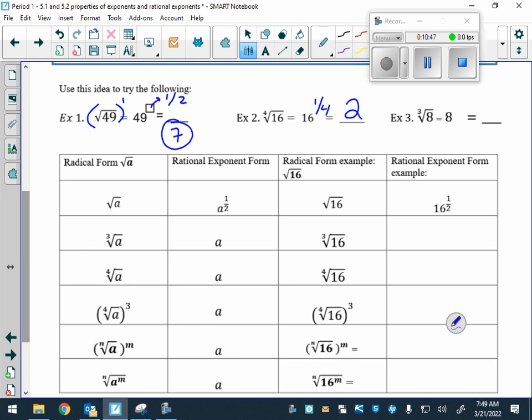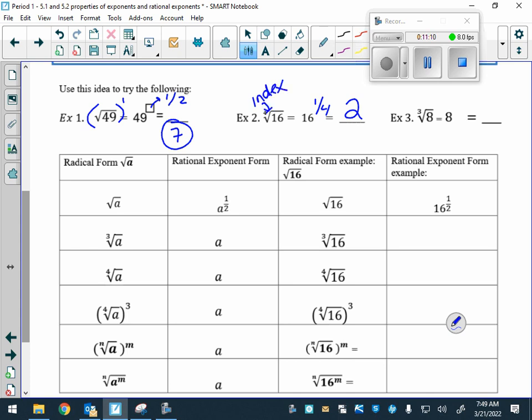Because think back, when we would simplify square roots, we would look for how many of a kind for square roots? 2. Now with 4th roots, cube roots, whatever it may be, the number in the root is called our index.